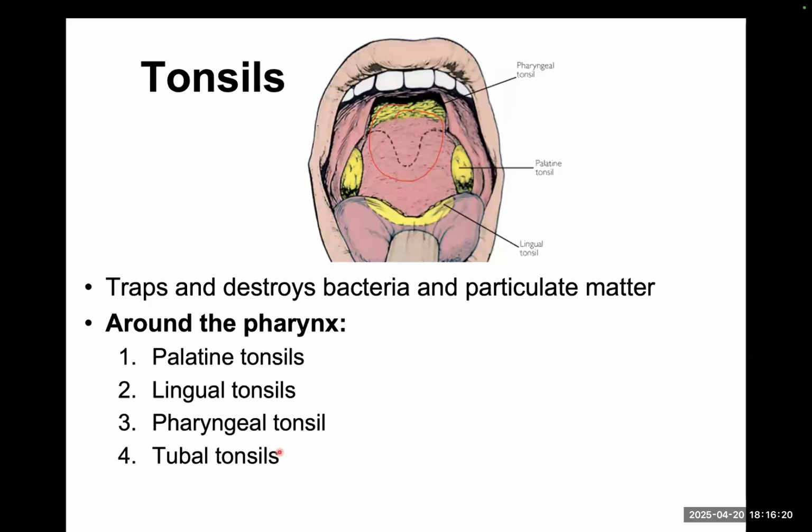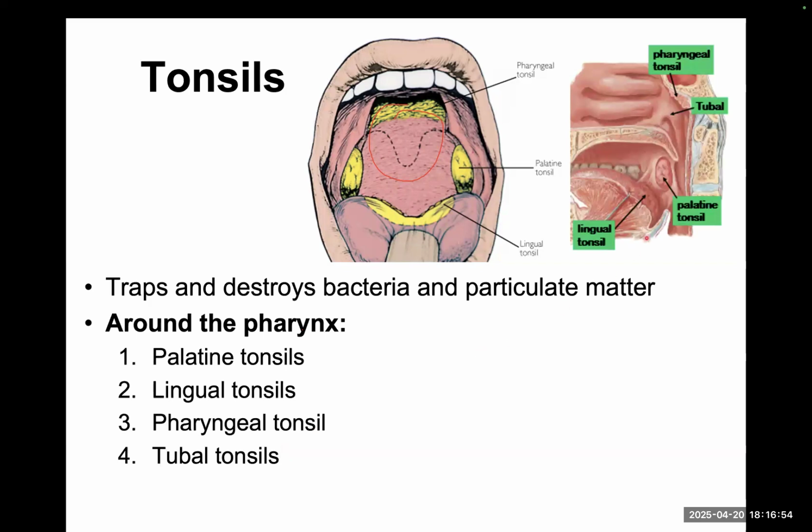The only reason they might remove them is if they're so swollen that they might suffocate you. They might reduce the swelling, but if it keeps happening, they do remove the tonsils, especially because if they get swollen at nighttime, you can actually asphyxiate. So if that happens, it's safer to remove the tonsils.